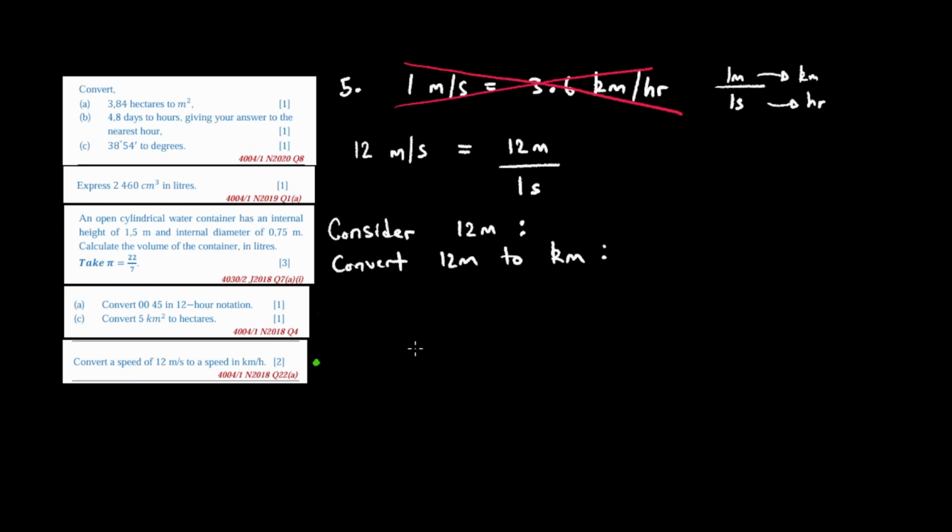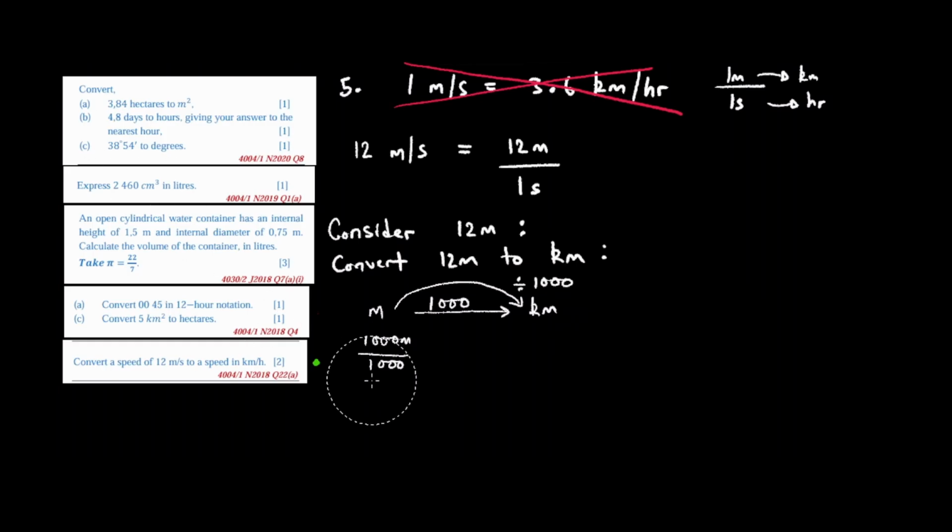Saka panapa kubva pamita handika kuenda kukilomita, kubva pamita and kilometer tinoziva kuti we have 1000 meters in a kilometer. Saka kana ticonverter from meters to kilometers, if we take 1000 meters tikada kuziva kuti makilometers mangani, we divide by 1000, like this.